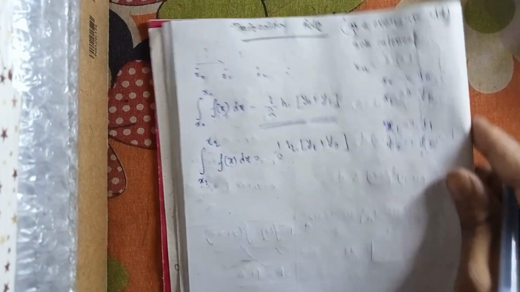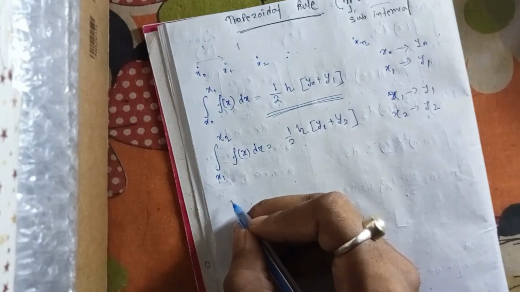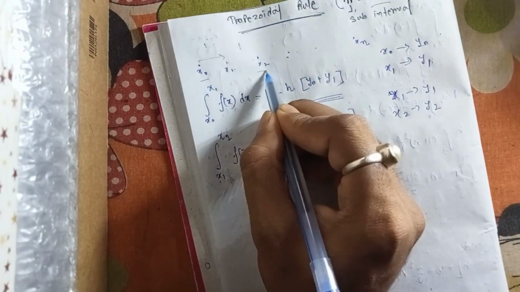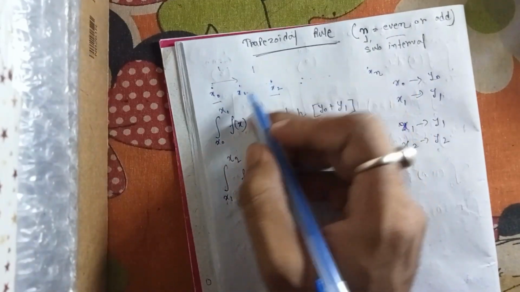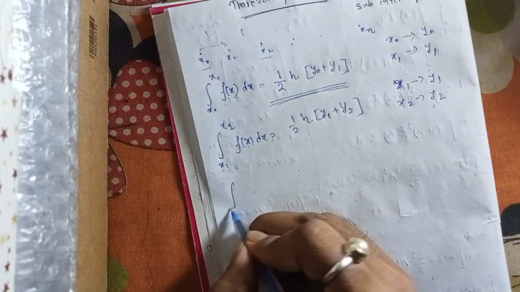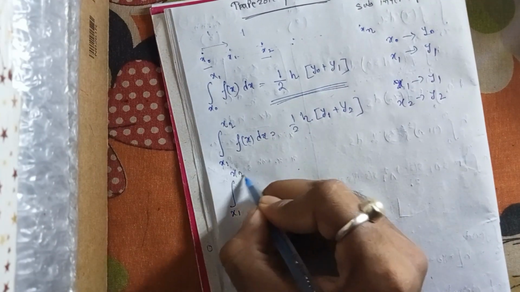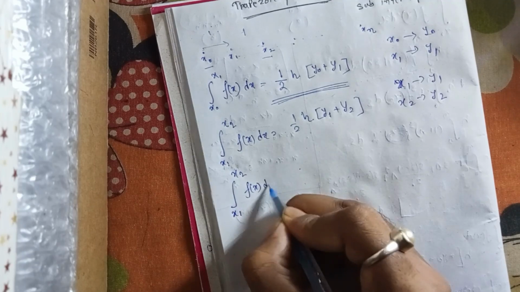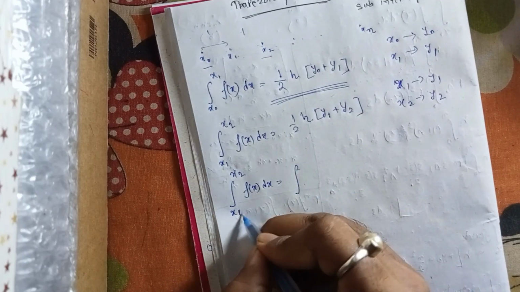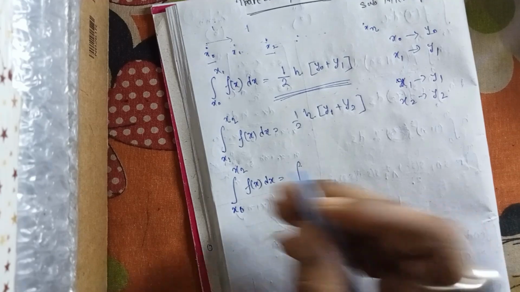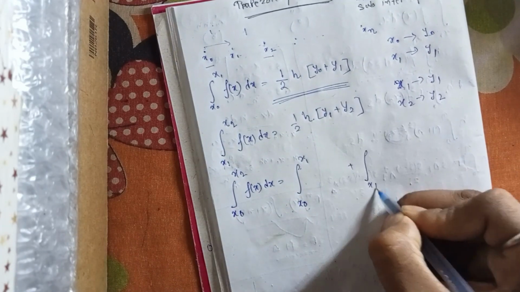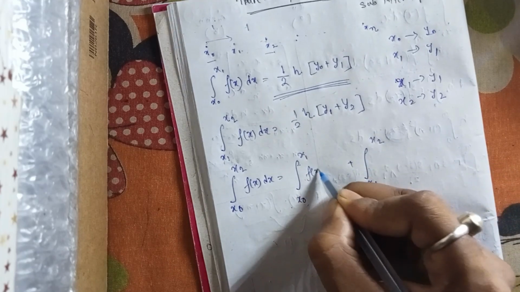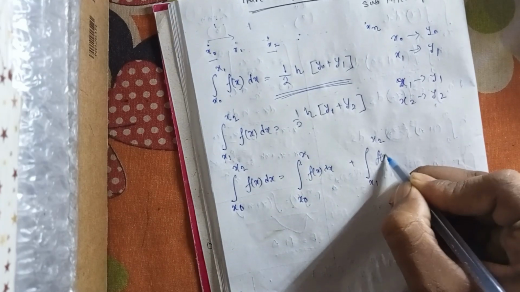So by this way, if we approach x0 to x2, because we already calculated x0 to x1 and x1 to x2, now we can calculate x0 to x2 directly by addition of these two. So x0 to x2 we can divide as x0 to x1 plus x1 to x2, f of x dx plus f of x dx.